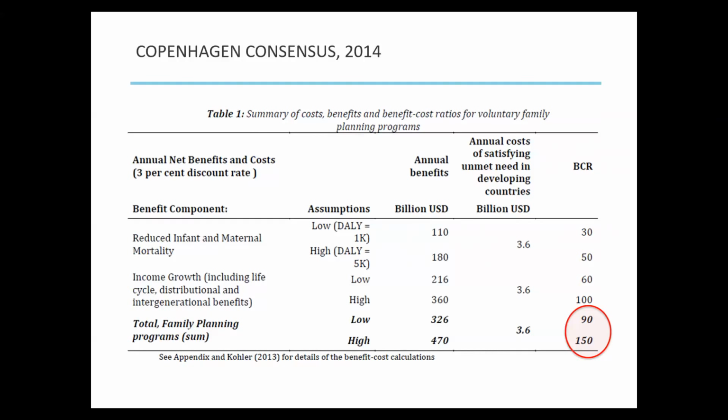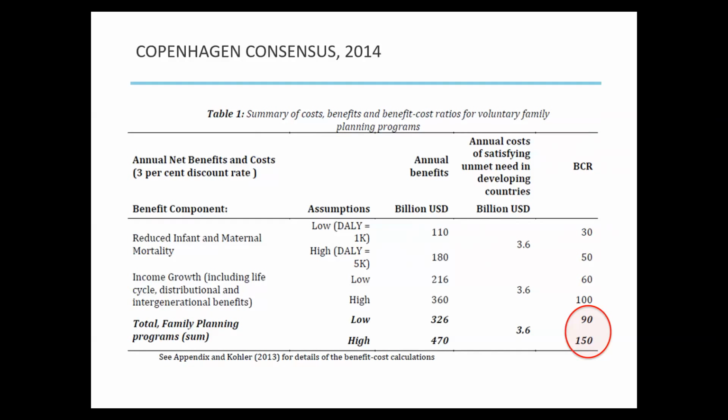So the $120 is a combination of both a short-term gain from reduced infant and maternal mortality and a long-term gain from age structure changes and the demographic dividend. And so these are put together in ranges of cost-benefit ratios of short-term and long-term.